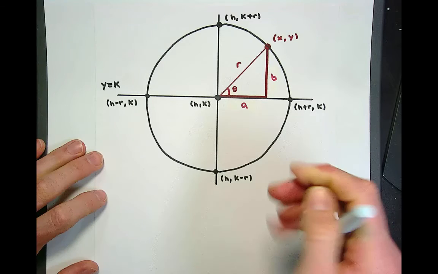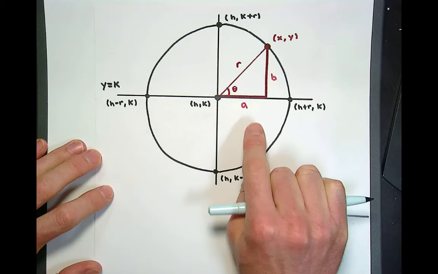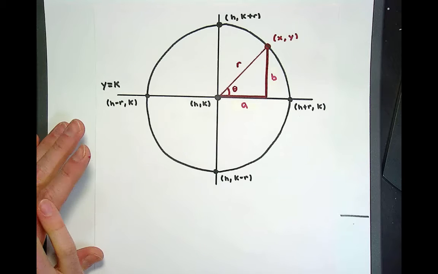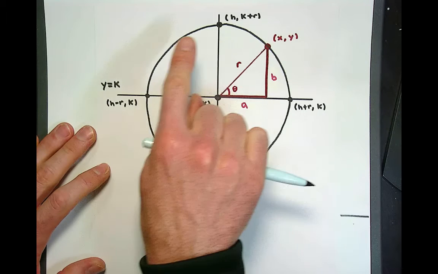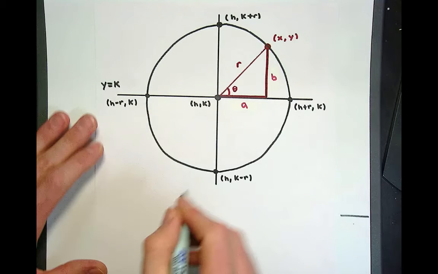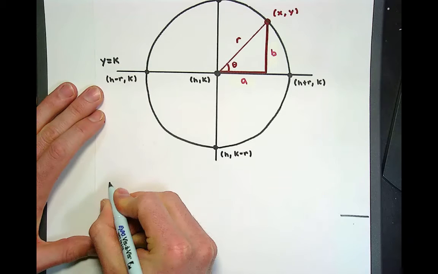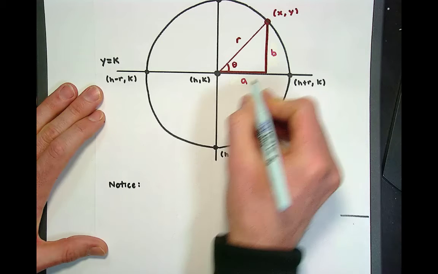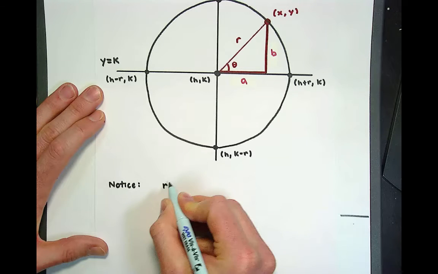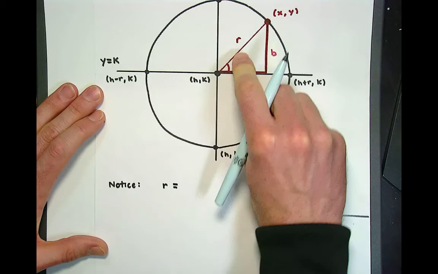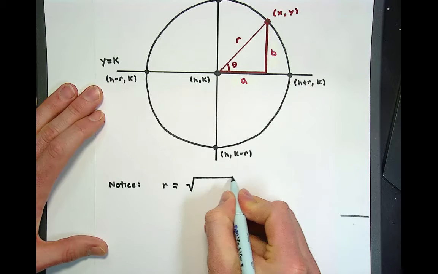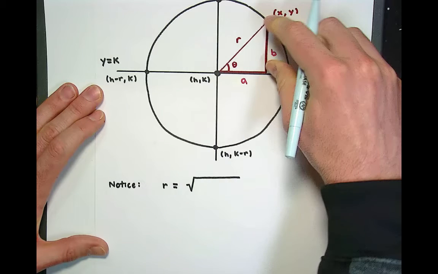The reason that I want to show you this is we can come up with a general parametric equation or vector valued equation for any point on this circle. So notice that we have a few different relationships. One, the value of the radius is given by the square root of the length of each of these.